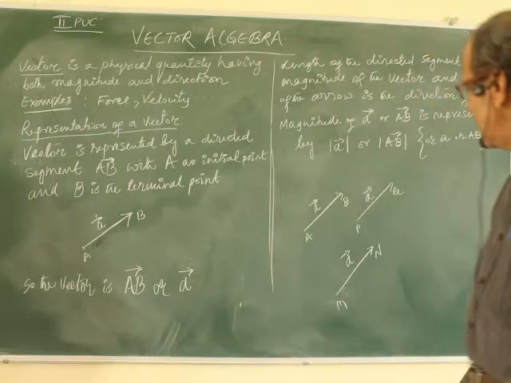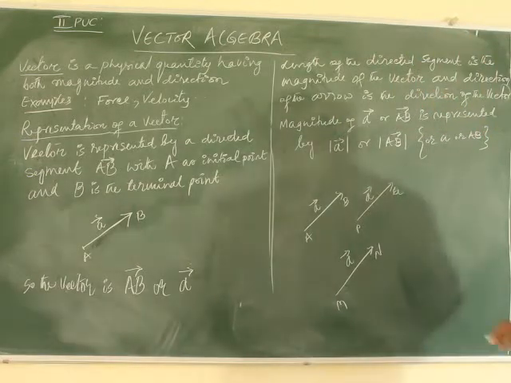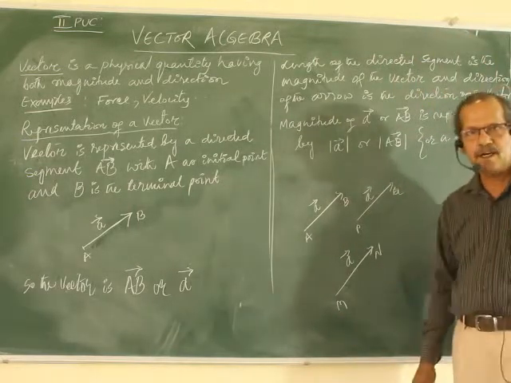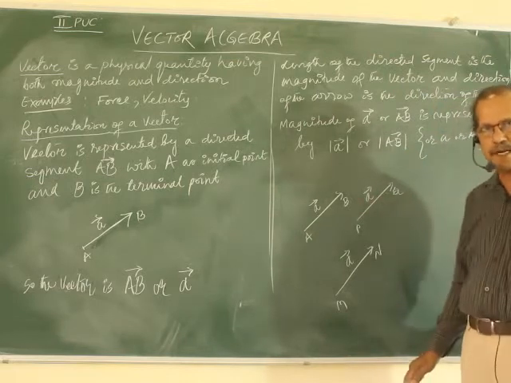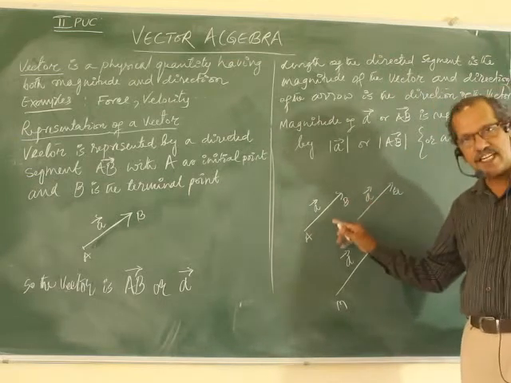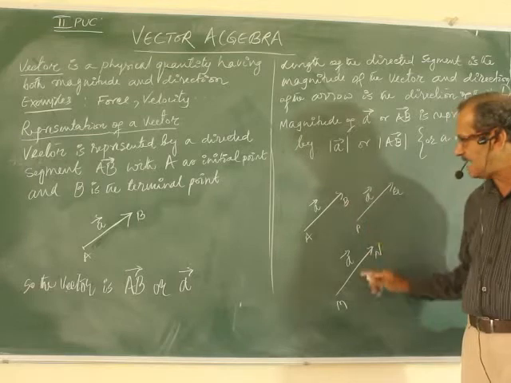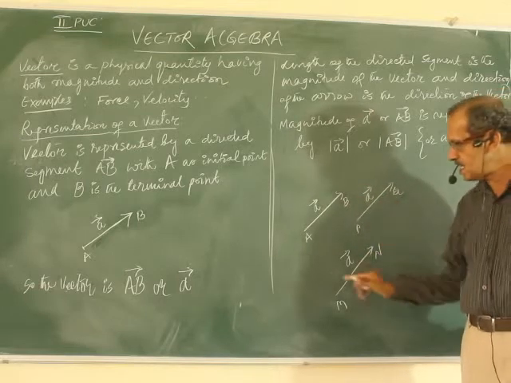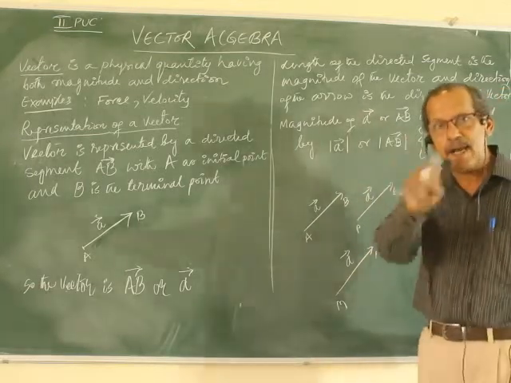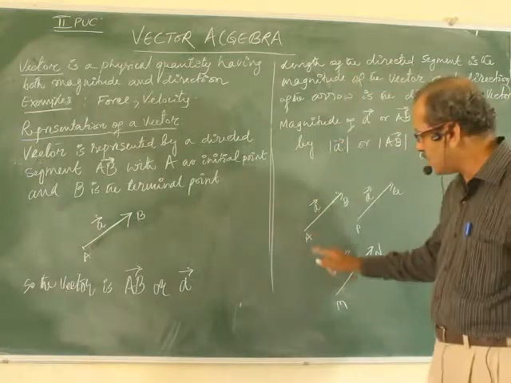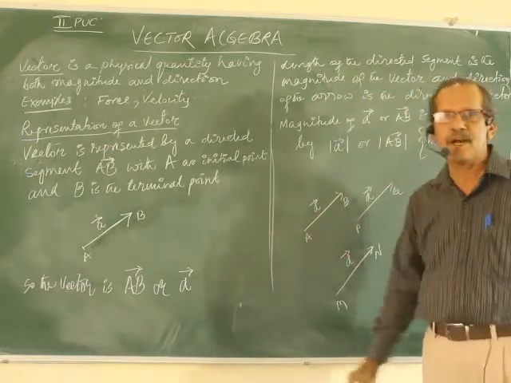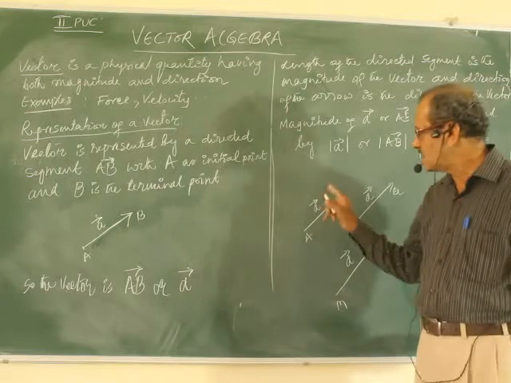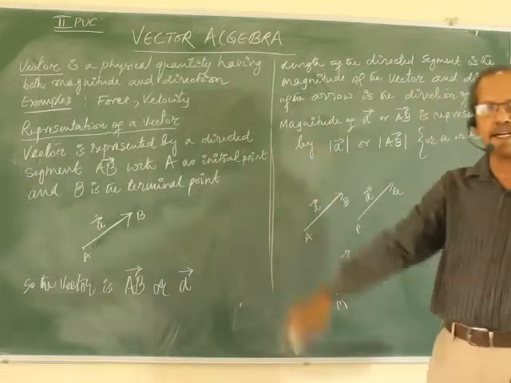Got the idea? Any number of directed segments you draw in the plane or in three dimensions, wherever it may be, without change of length and direction, all the directed segments represent the same vector, irrespective of their initial and terminal points. Therefore, this vector is called a free vector.